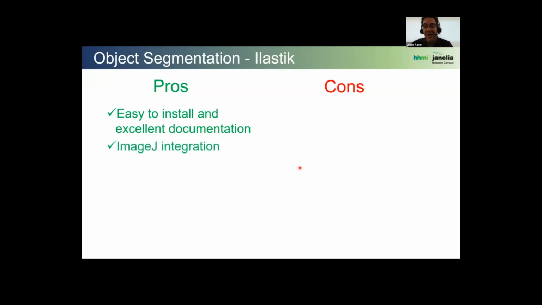Like I said, it also has ImageJ integration. So if you have a big data set, there's a plugin you can use. You can load up your data, and it will convert it automatically to a format that works best for Elastic. But if you don't have an enormous piece of data, you can load TIFF files or any of the other proprietary EM file formats into it, no problem.